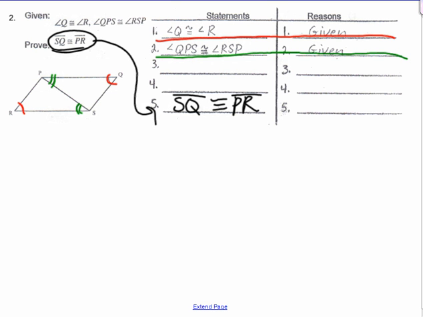So next, I'm going to move on to blue, which is a shared side. So I'm going to say PS is congruent to PS by the reflexive property of congruence. Now, after I have my three congruent parts, I can say the triangles are congruent.